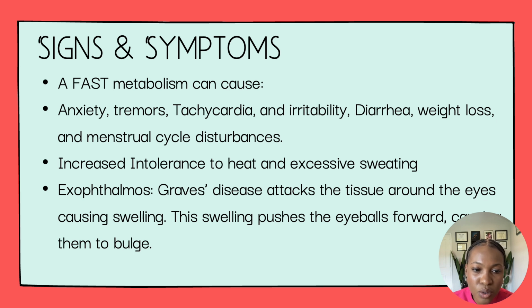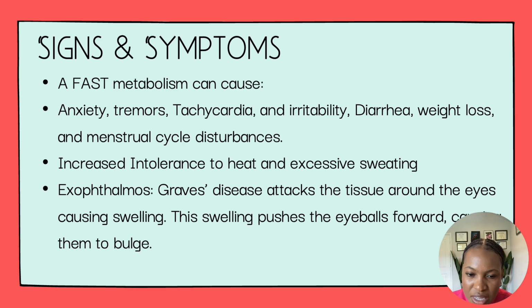These patients also have an increased intolerance to heat. They're always feeling really hot, even when the room is cool. And so that causes them to sweat excessively as well. A big one to remember is something called exophthalmos, and you will see it as a protrusion of the eyeballs.